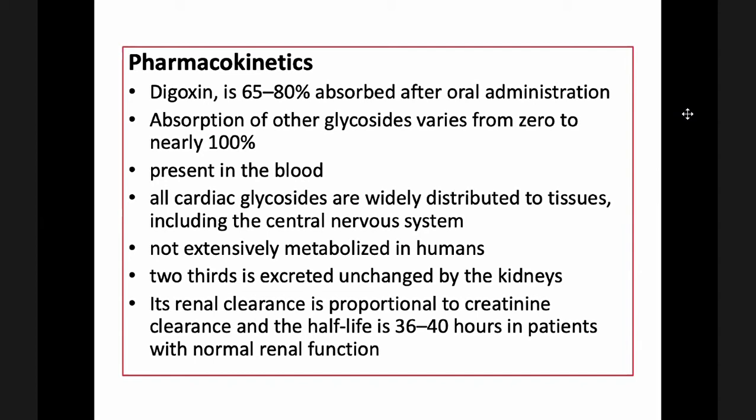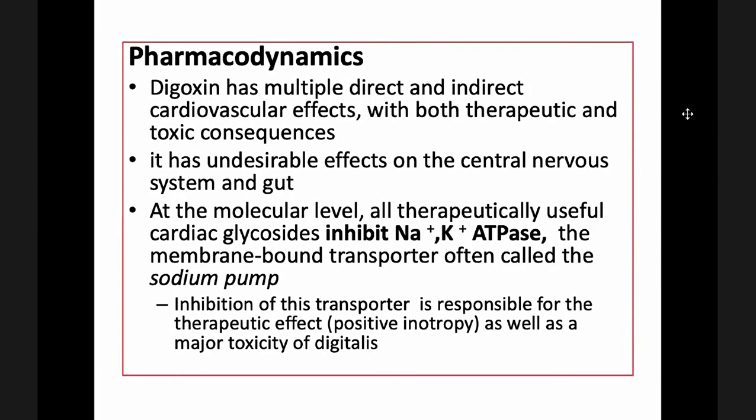It's not extensively metabolized in humans, and two-thirds is excreted unchanged by the kidney. Its renal clearance is proportional to creatinine clearance, and the half-life is 36 to 40 hours in patients with normal renal function. So digoxin has multiple direct and indirect cardiovascular effects with both therapeutic and toxic consequences.